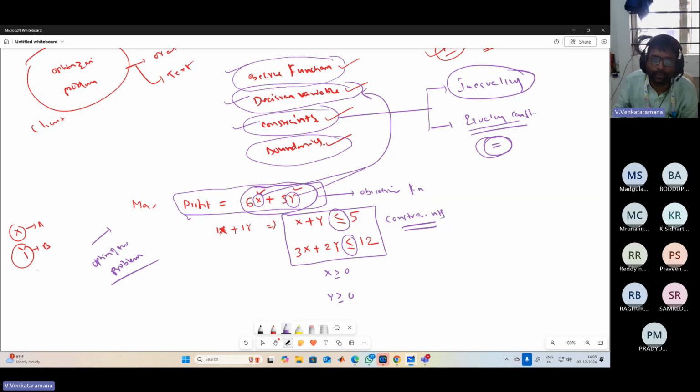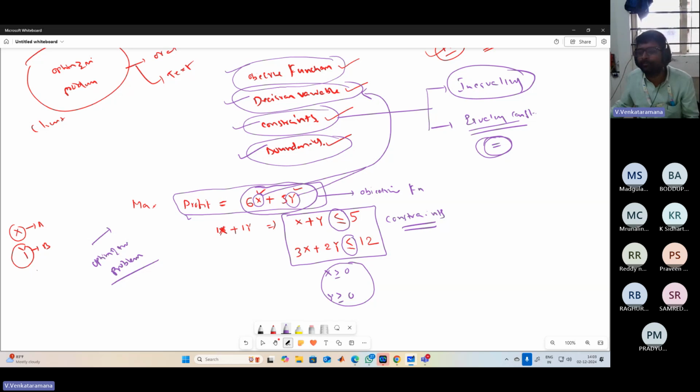So in your mathematical modeling, you have an objective function, decision variables, and the constraints. And you have one more component that is called the boundaries. That means in which region your decision variables x and y lie, in which area they will be occupied. What is the lower limit and what is the upper limit for your decision variables?